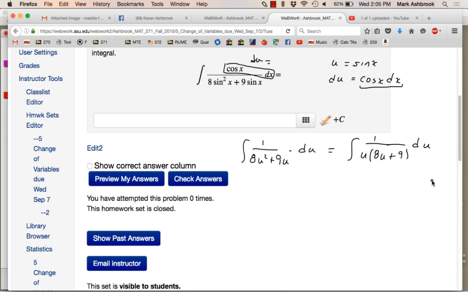And then that should be a pretty straightforward partial fractions problem. We're going to have a over u plus b over 8u plus 9 is equal to that thing. And we've got to figure out what a and b are so that the numerator is 1 when we add those together.